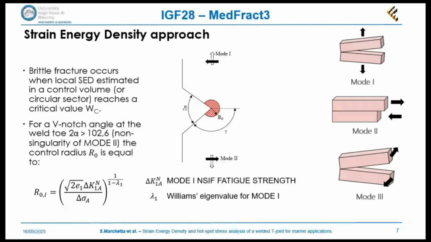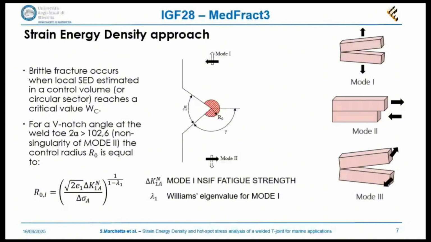And for our case, for a V notch with a toe angle of 135 degrees, we assure the non-singularity of mode 2, so we have just mode 1 crack opening propagation. The control radius, which depends on the crack propagation mode and on the material, is given by the formula reported here.